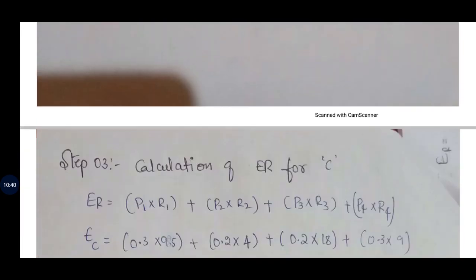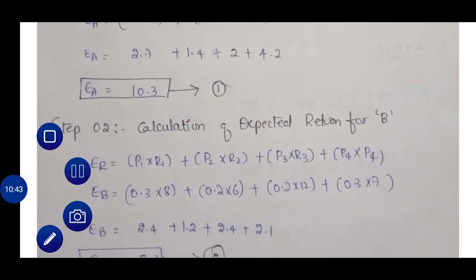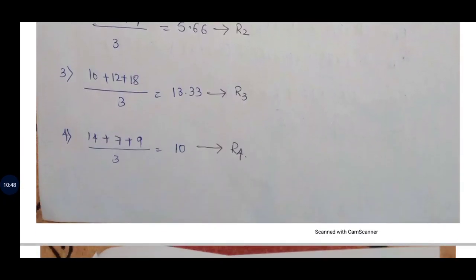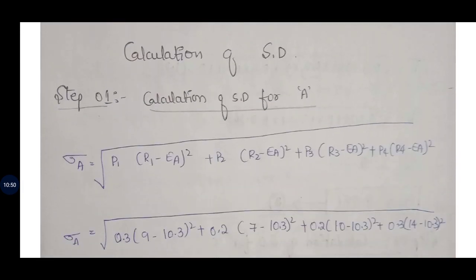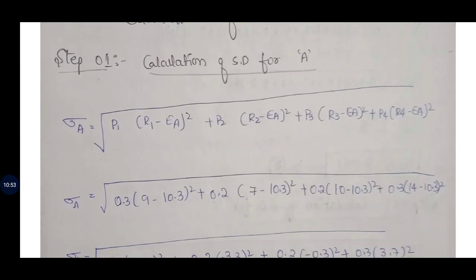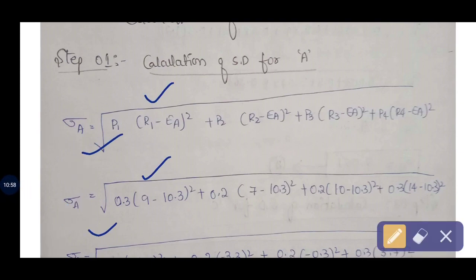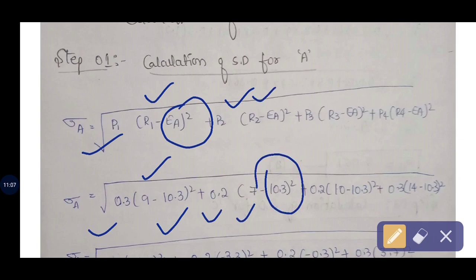And expected return of A is 10.3. So this data we need to calculate the standard deviation for investment A. P1 is 0.3, R1 is 9, and expected return which we have calculated is 10.3, whole square, plus P2 is 0.2, R2 is 7, and expected return is 10.3. Same, P3 is 0.2 and R3 is 10 and expected return is 10.3.